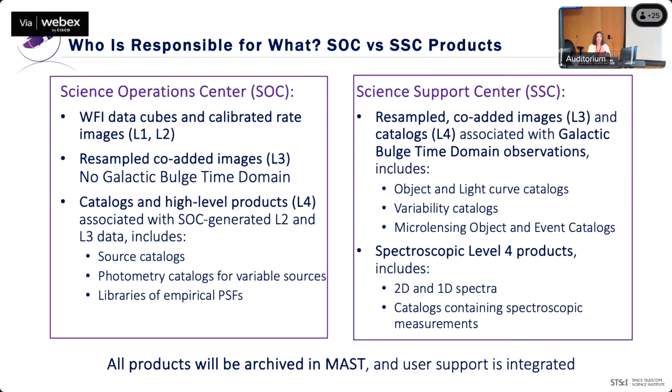And similarly, they're also responsible for the creation and processing of all the spectroscopic products. So from your spectra to the catalogs that contain the information on the spectral data. Okay, so this is the split. And so Patrick Lawrence works with me on this presentation, and whenever you have questions, either one of us will respond.